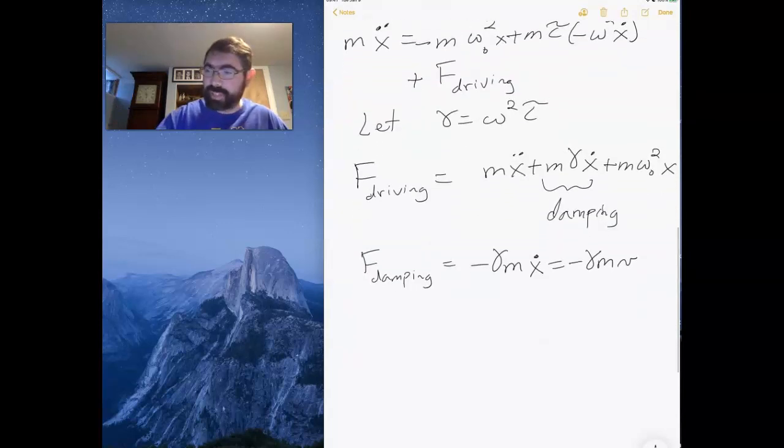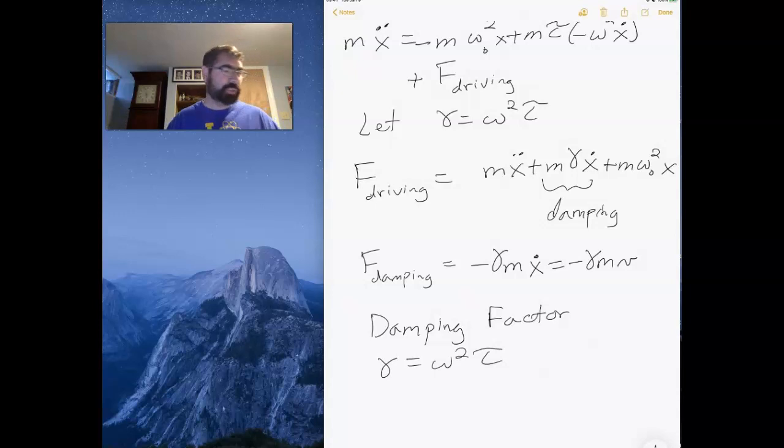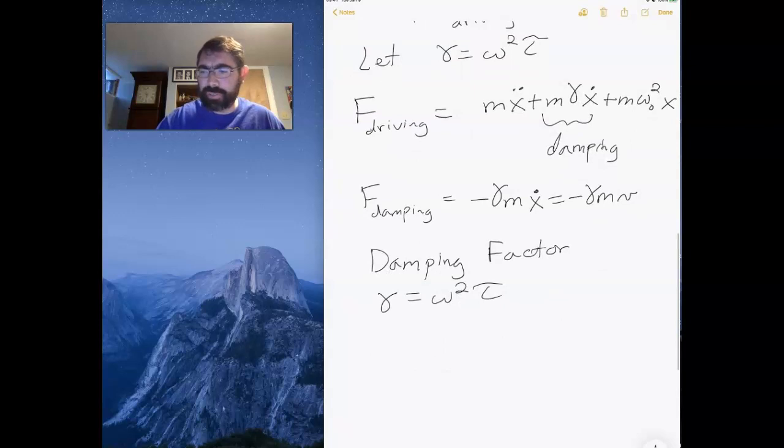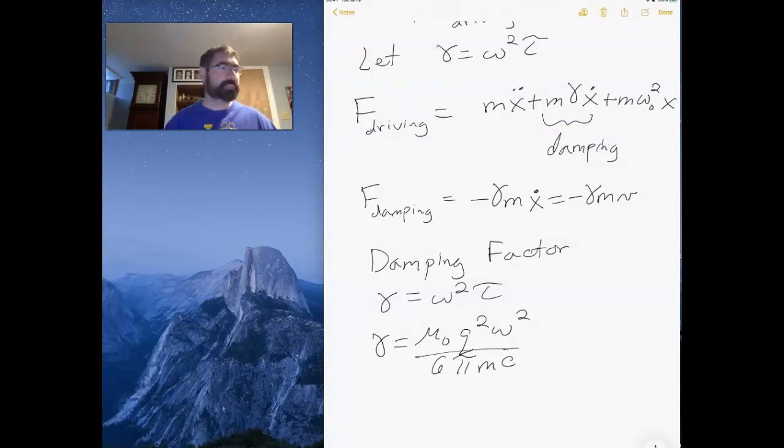So this damping factor gamma is omega squared times tau, which if you go back and look up and see what that constant tau is, that means that gamma is mu 0 q squared omega squared over 6 pi the mass times the speed of light. Okay, so what have we discovered?